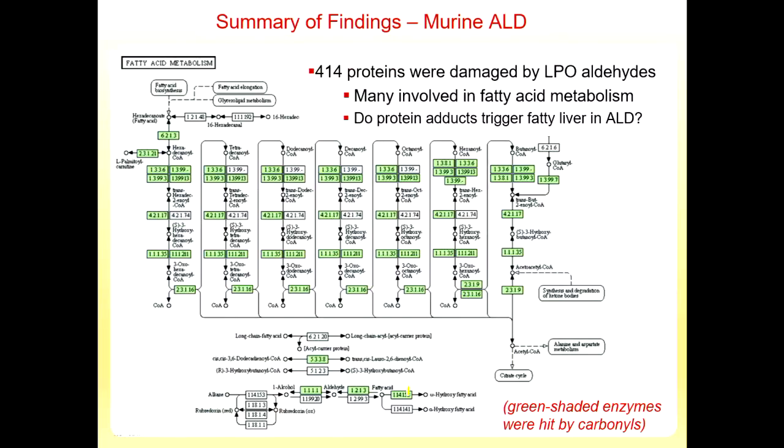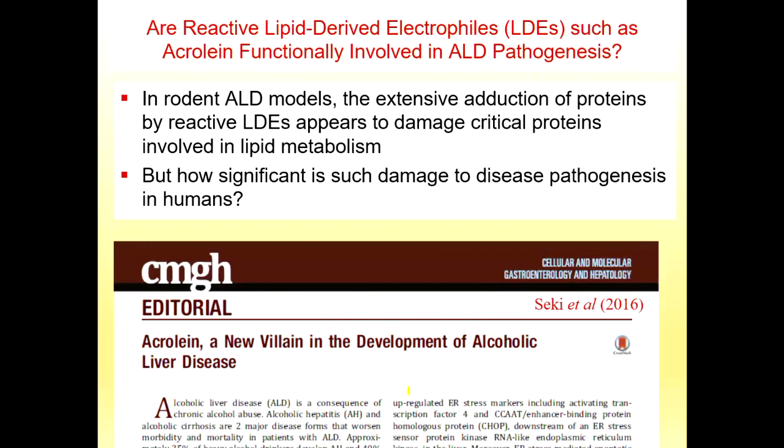Okay, and when you looked at what are the proteins that are getting damaged by these nasties, a whole lot of proteins involved in fatty acid metabolism in the liver are getting damaged, adducted. So this is one of the reasons why people are thinking maybe these aldehydes are actually doing a bit of damage in heavy drinkers.